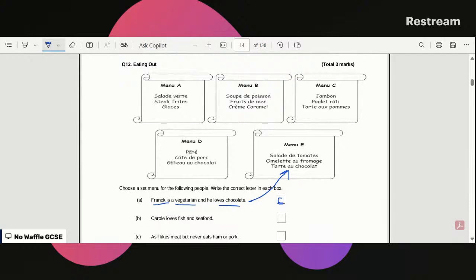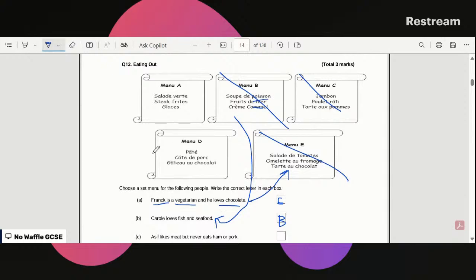Okay, next, Carol loves fish and seafood, so we've got soupe de poisson and fruits de mer, so that seems to really go with her taste. That's B. Asif likes meat but never eats ham or pork, so we know that B is taken, and we know that E is taken.